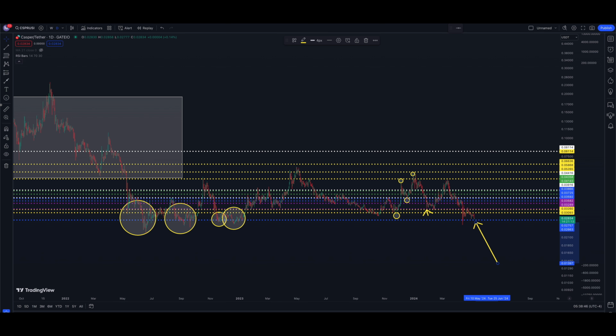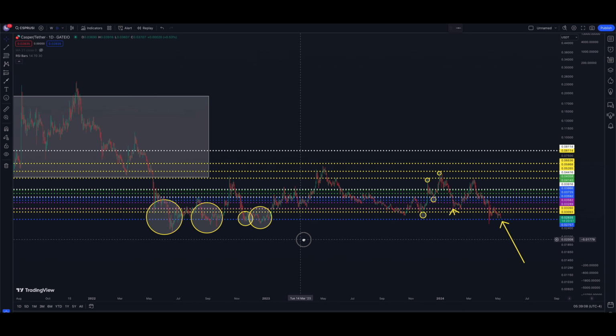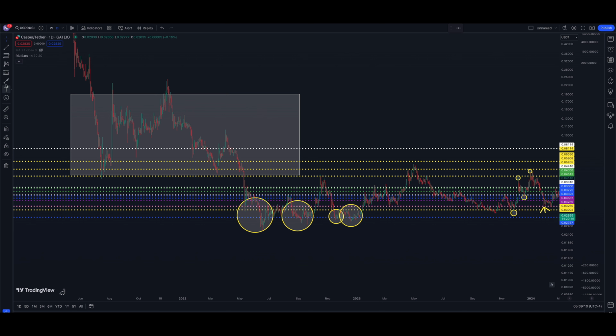If Casper Cryptocurrency does not find support here, we will be into a new trading zone, which will be much lower prices. Essentially, this entire area above the 0.02757 area will become resistance. So if we look over here on the chart, this whole area was a trading zone, a range, okay?